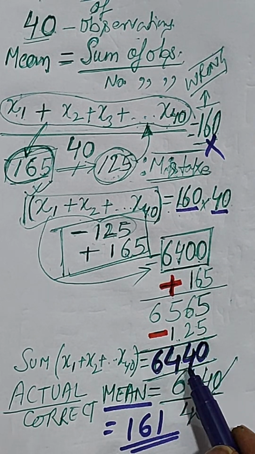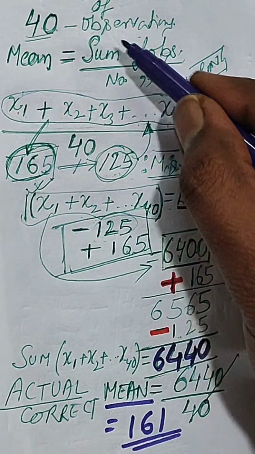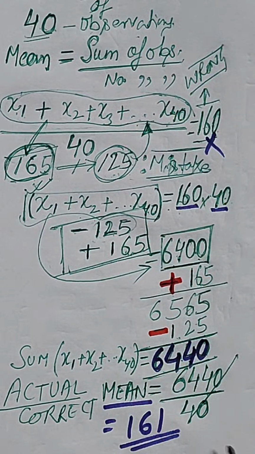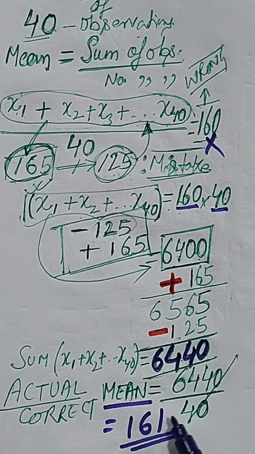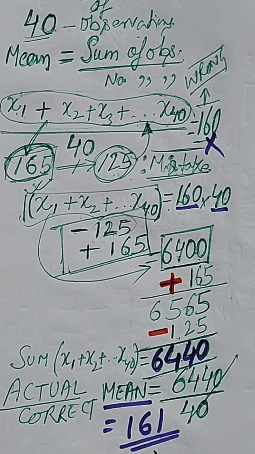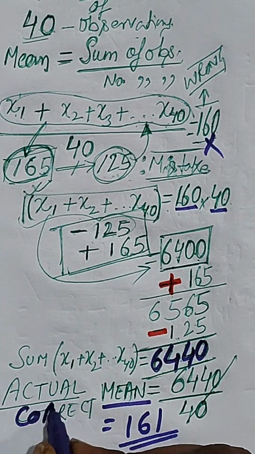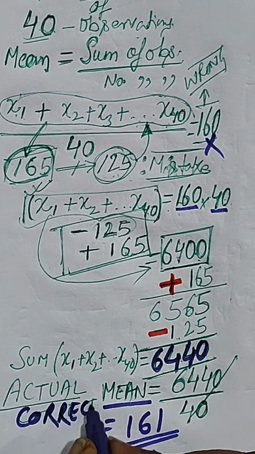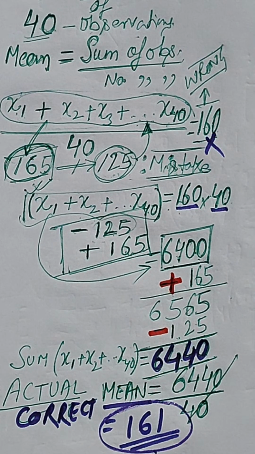Now the total count of the observations, that is the number of observations, is 40, right? So 6440 divided by this actual 40 will give you the actual mean 161. So this is the actual or the correct value of the mean. What is that? 161. And this is the right answer, my dear friends.